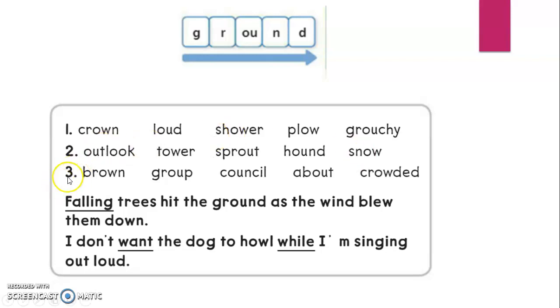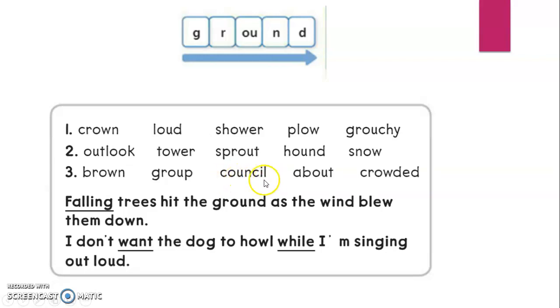Let's sound out or decode row 3. Brown. Group. There's another instance where O and U says oo. Council. And now I did C, I, and L together because when a C is next to an I, it makes the soft sound for C. It wouldn't be k because the I is next to it.